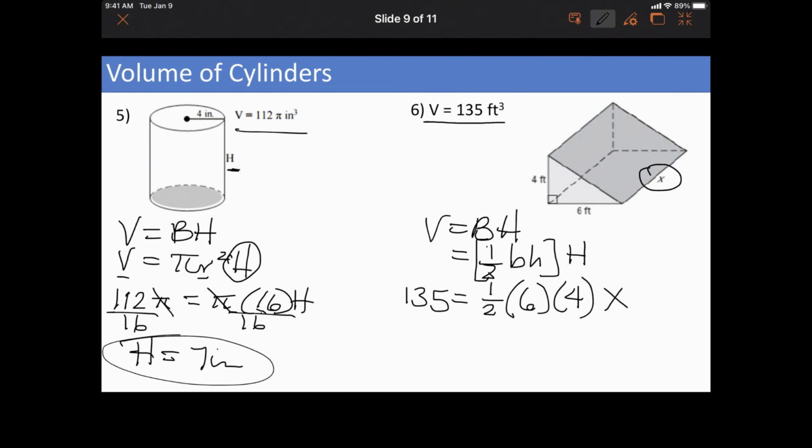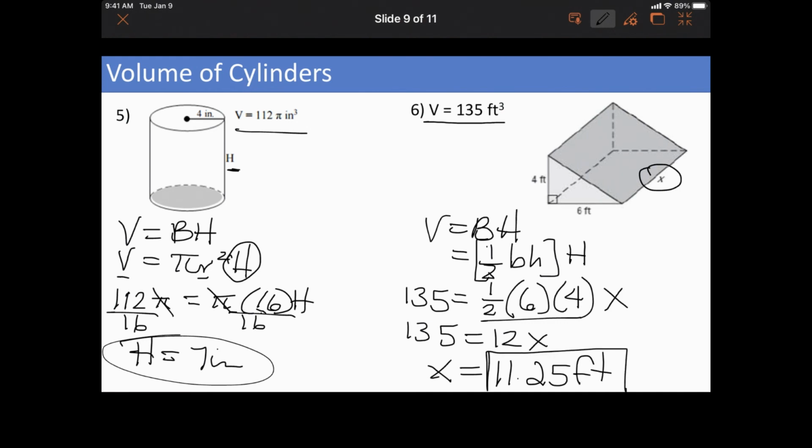So this is going to be 12, divide by 12 on both sides. I have x equals 11.25 feet. Okay, so these are backward problems. Write the equation, substitute what you know, solve for the missing variable.